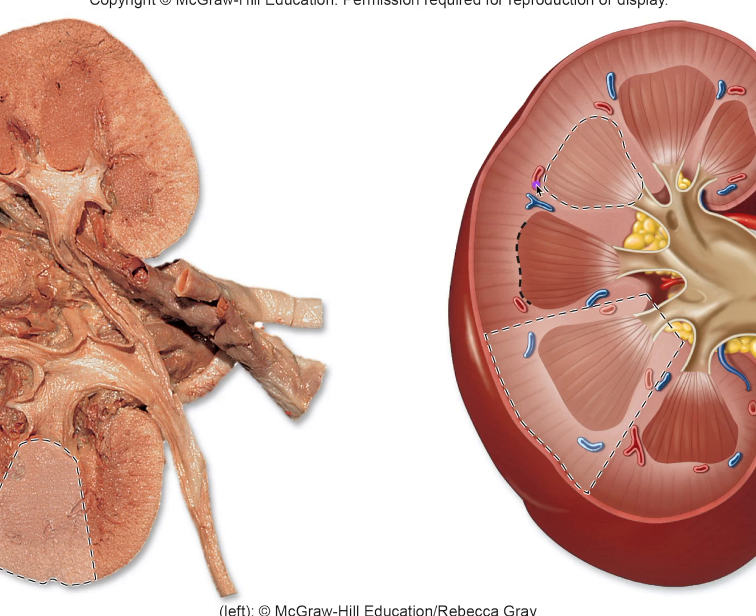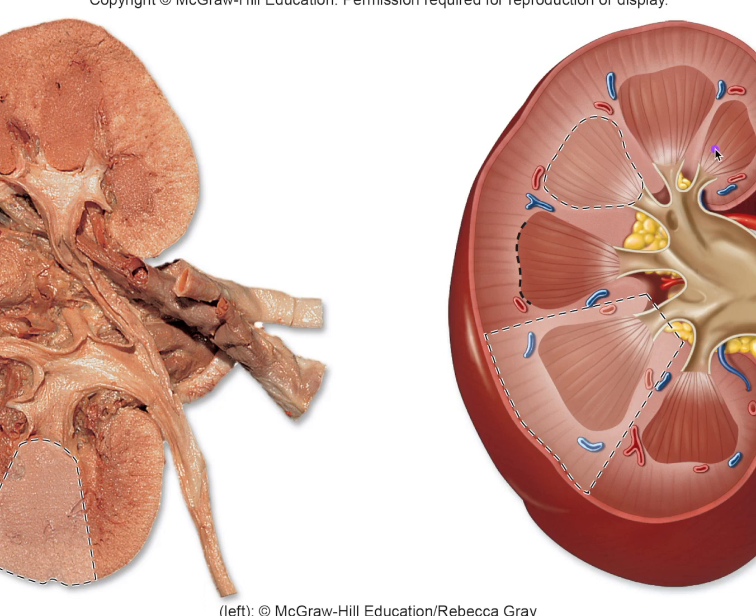So in the medulla, there are parts of the cortex that dive down here and form these columns between these pyramids. So these are the renal pyramids, and then the renal columns. Those are both part of the renal medulla.